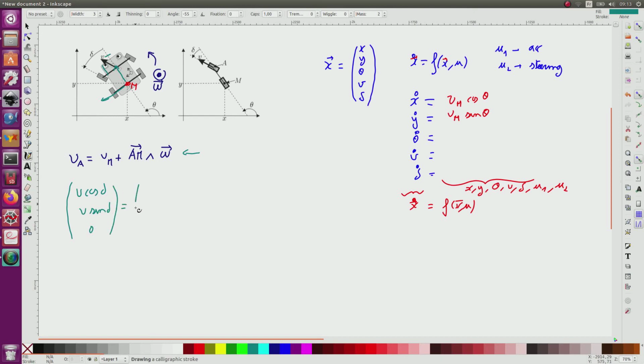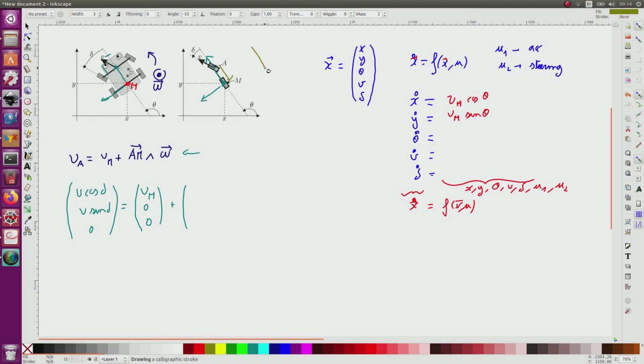Now the vector speed corresponding to M is like this. So I have only a component with respect to the x direction in the frame of the car. This is why here I have Vm, 0, 0. I have no component with respect to this direction. So plus, now for AM, AM is like this.